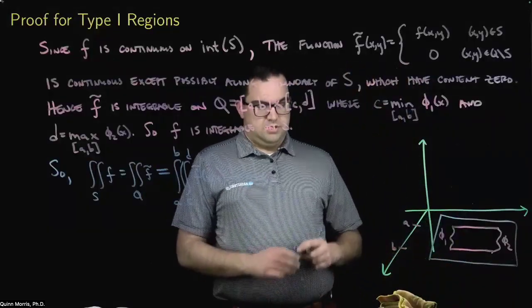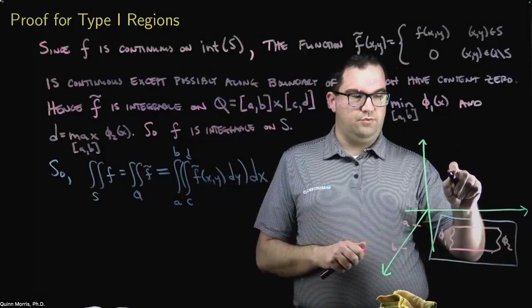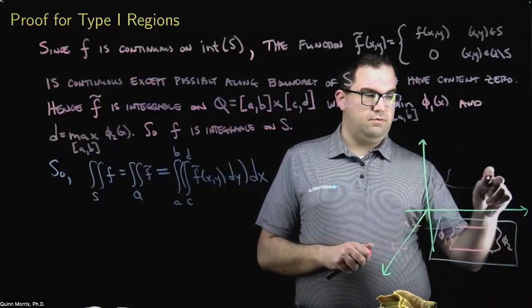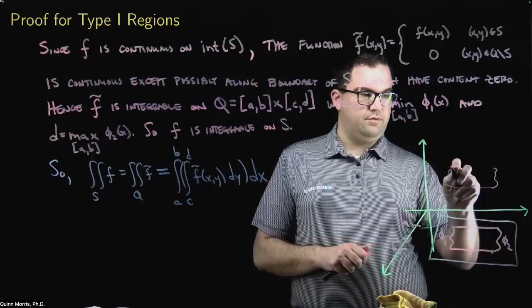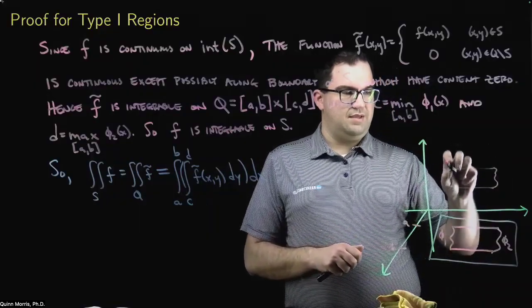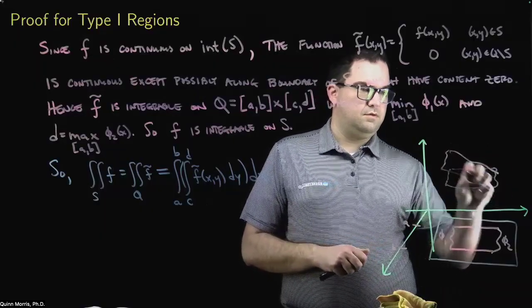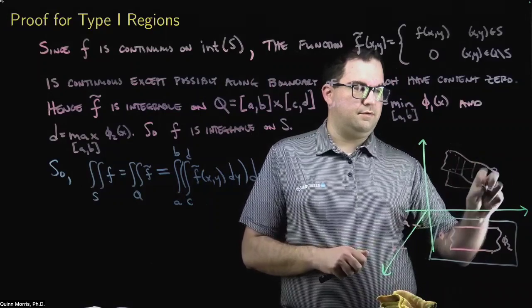So I have my function f, which is defined above this region. It does whatever up here, maybe it's sort of wavy, whatever it looks like.